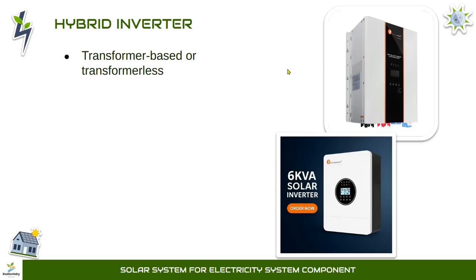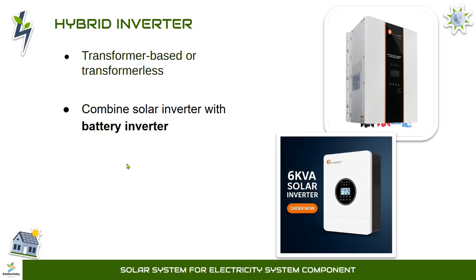So how does a hybrid inverter work? They combine solar inverting with battery inverting. For example, this single inverter has the power to convert direct current from solar panels to AC current that can be used for home or grid settings. They also have the power to convert your battery current to alternating current, which can be used for home.